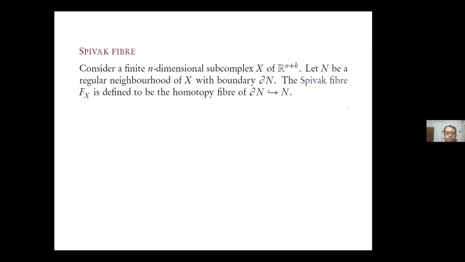So now if you look at this boundary N, you look at the inclusion of boundary N inside N itself. This is a map, but this is not a fibration.